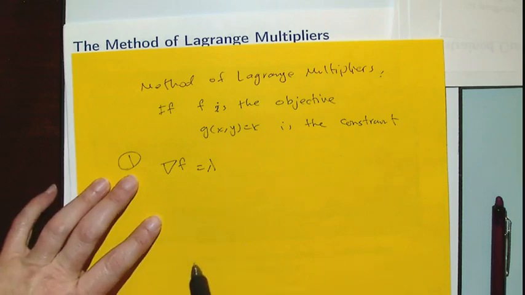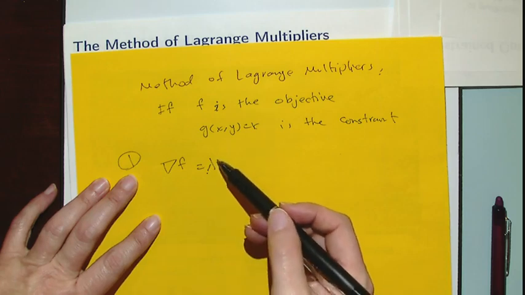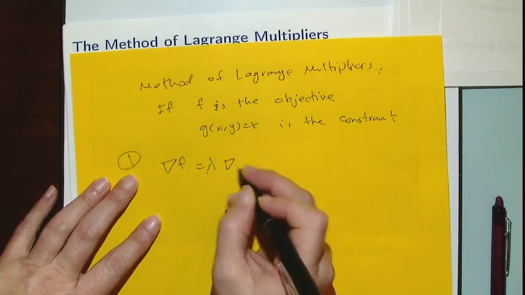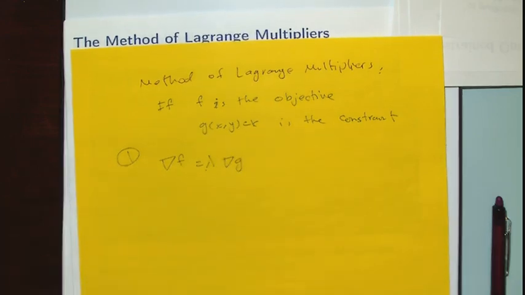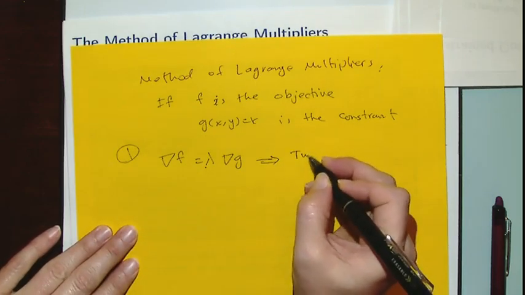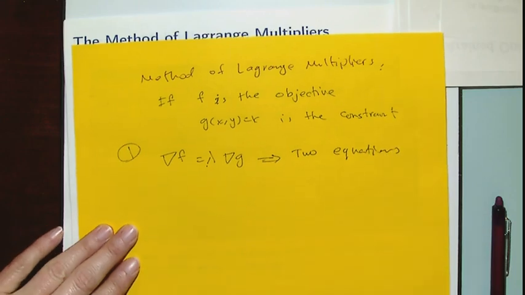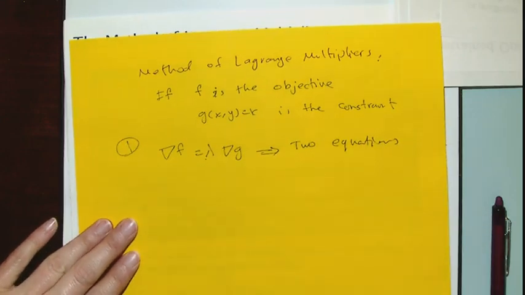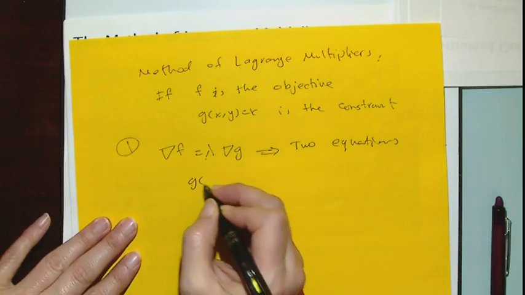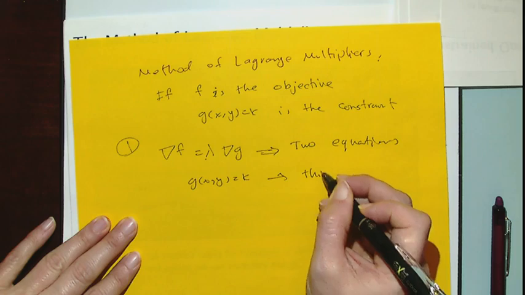Everybody have seen lambda before? It looks like x is just missing one piece. Lambda gradient of g. This gives you two equations. Then use the g of x and y equal to k. Third equation.